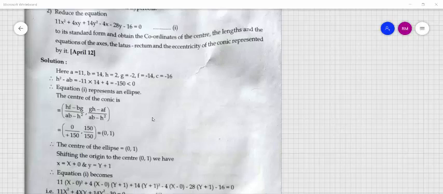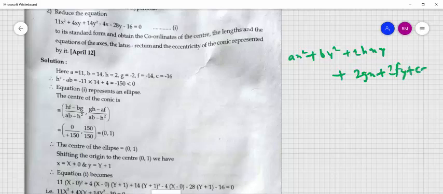Again, compare this equation with the standard equation of conic, that means ax square plus by square plus 2hxy plus 2gx plus 2fy plus c equal to 0. So we get all the values a, b, h, g, f, c, and just check: yes, h square minus ab is negative.